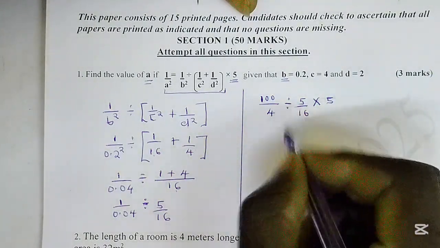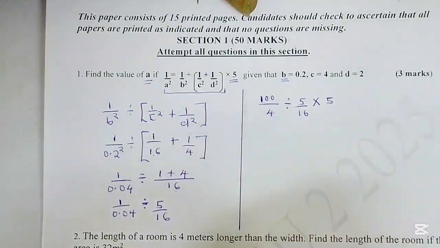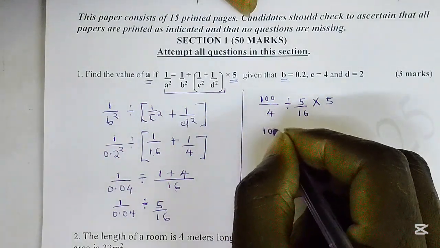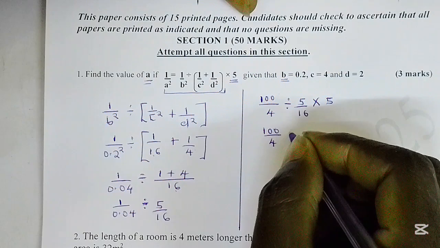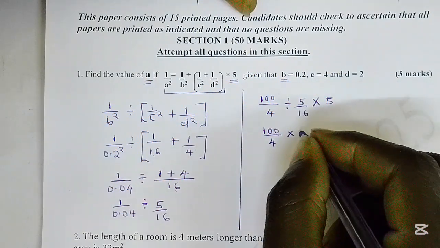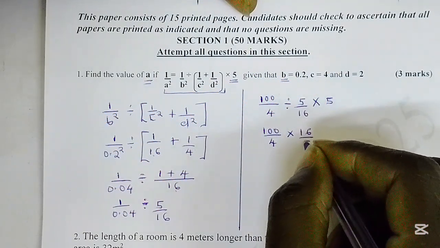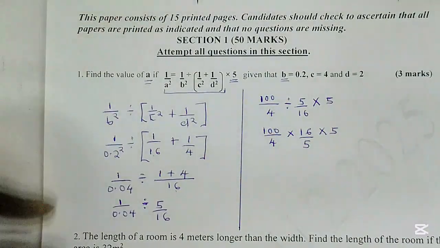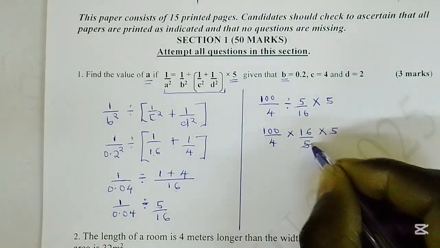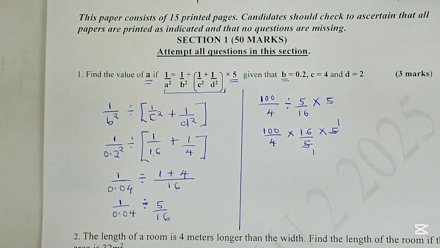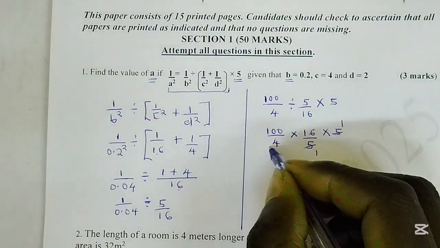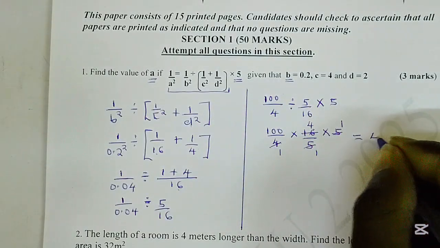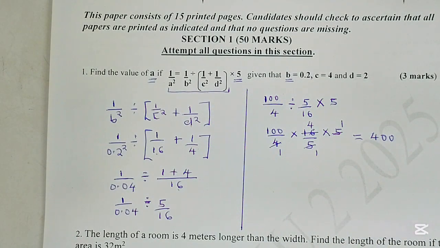So we do division first, so this one means it is 100 over 4 multiplied by the reciprocal, which is 16 over 5, then multiplied by 5. So in this case, 5 here 1, 5 here 1. If you cancel out, 4 here 1, 4 here 4. And this one gives the answer as 400.